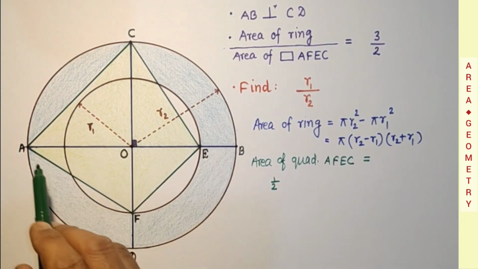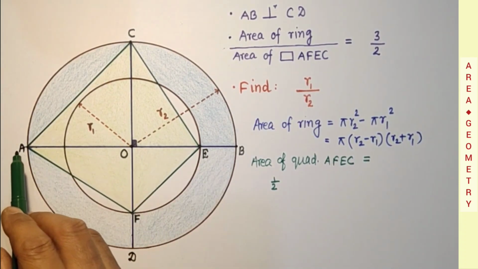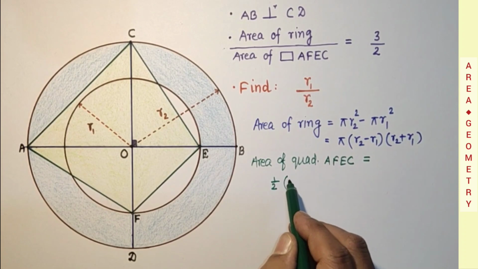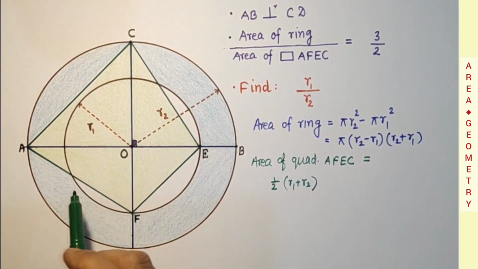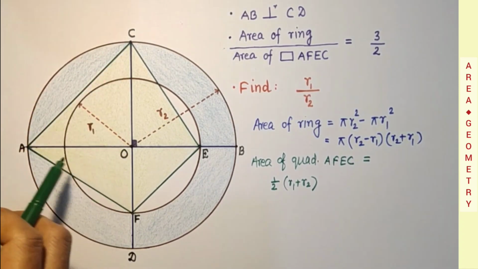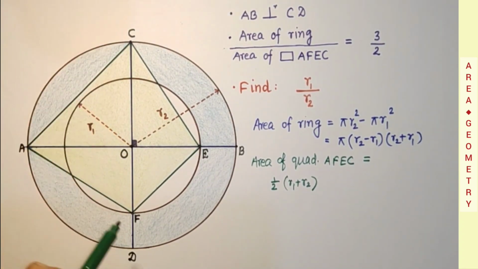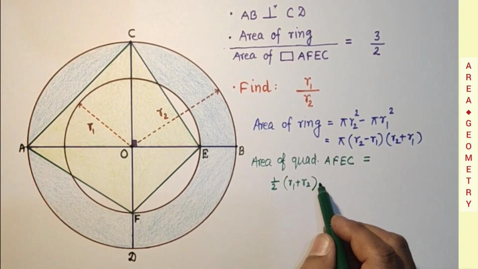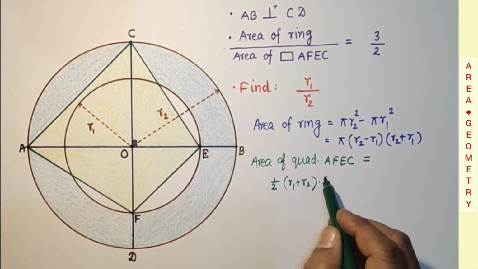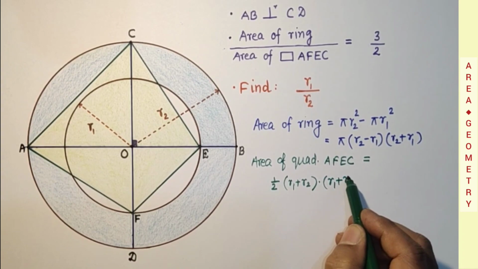AE is equal to AO plus OE, which is R2 plus R1, R1 plus R2, into this height, the product of diagonals meaning CF. CF is also R1 plus R2, so R1 plus R2 into R1 plus R2, that is R1 plus R2 the whole square.